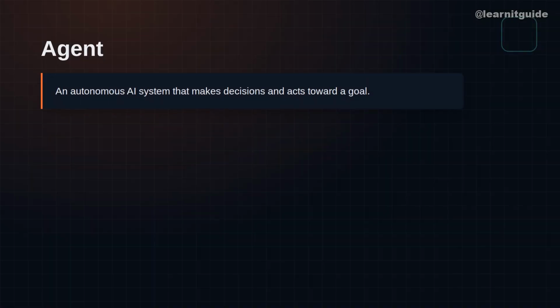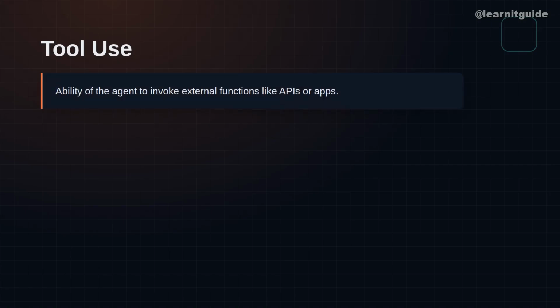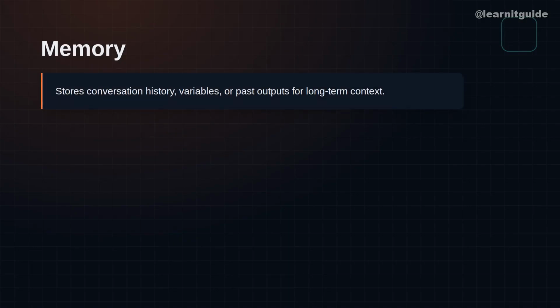At its core, an agent is an autonomous AI system designed to make decisions and take actions to reach a specific goal. Building on that autonomy, we have tool use, which gives the agent the ability to invoke external functions, such as APIs or various applications. To keep things consistent, the agent utilizes memory, which stores conversation history, variables, and past outputs to maintain long-term context.